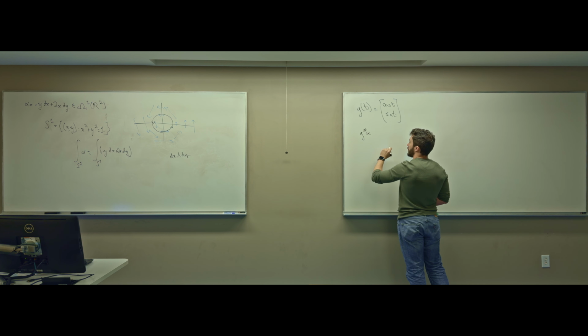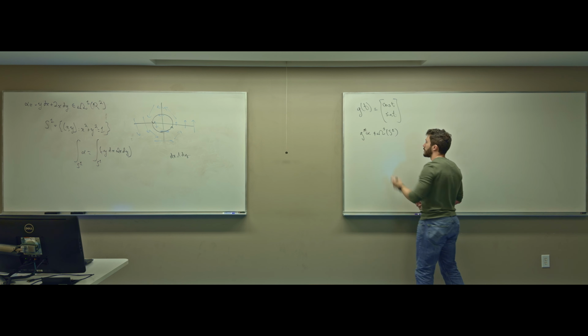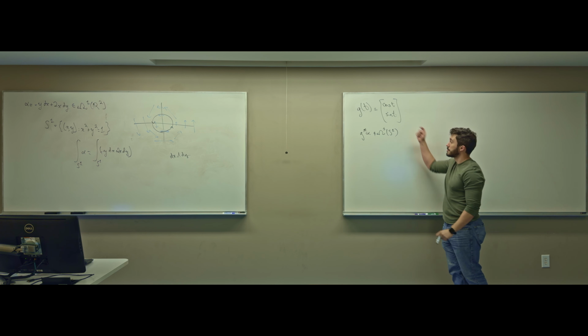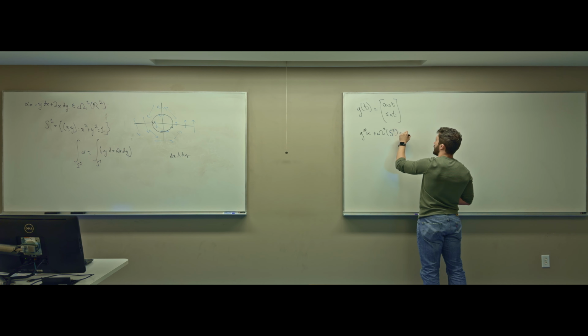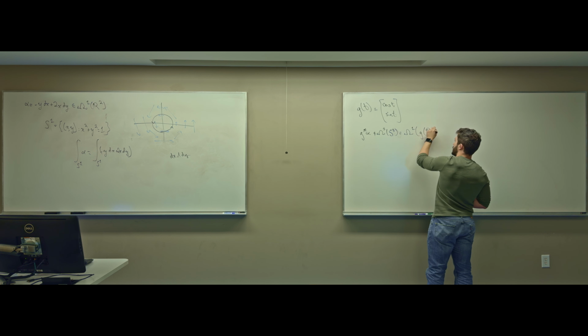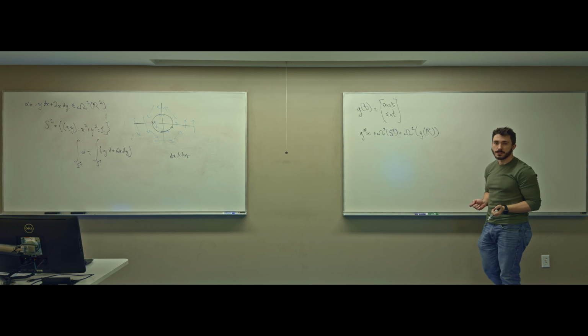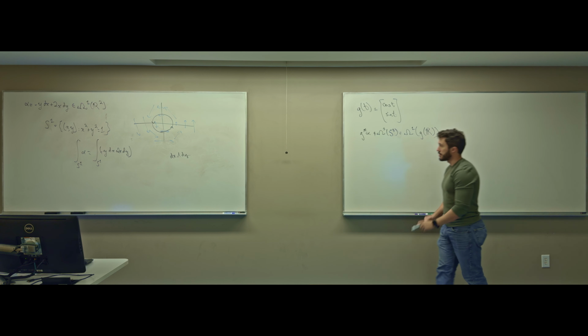And this should be a differential one form on not R2 anymore, but on S1, on the image of g. So you might write S1, or you might write g of R. Parameterization. So the image of that parameterization.